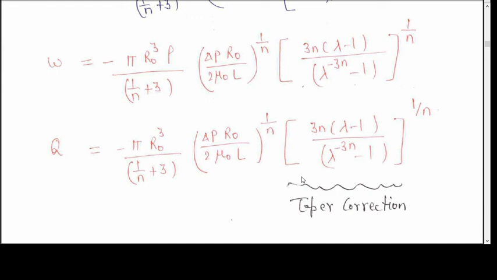So here we have taken the pressure equation derived for polymeric fluid, considered the lubrication approximation, integrated it for the mass flow rate, and finally ended up with the expression for volumetric flow rate in a slightly tapered tube. And here we got the taper correction. So this is all about the flow of power law fluid in a slightly tapered tube.